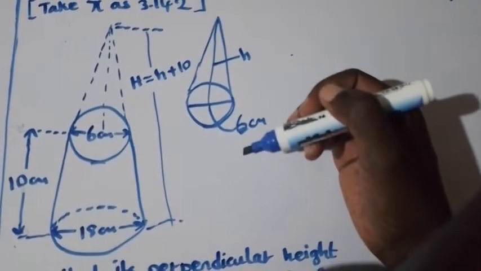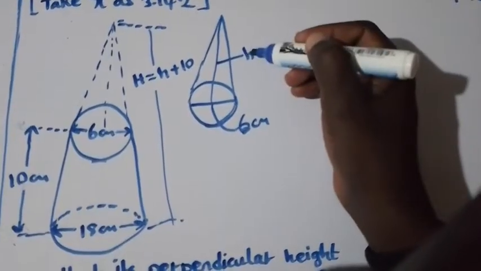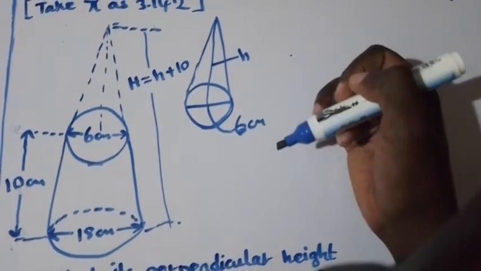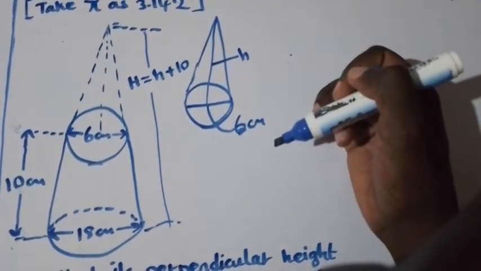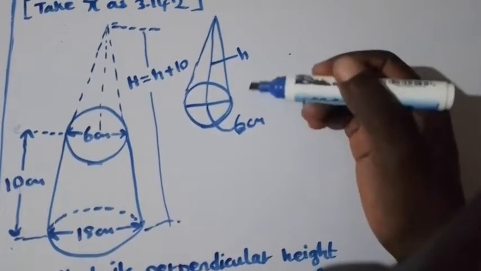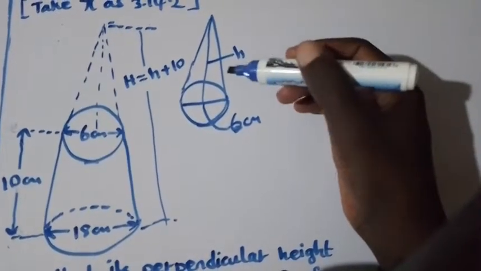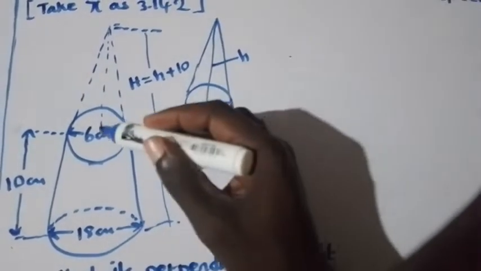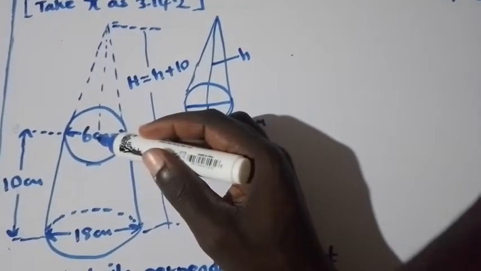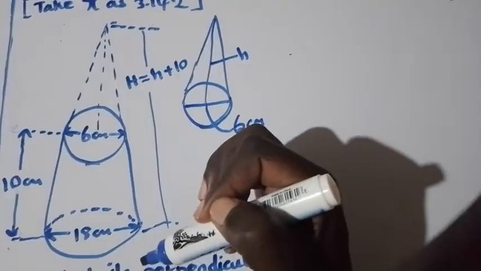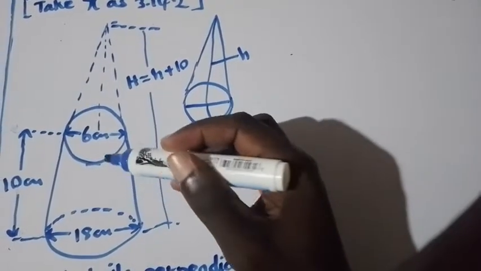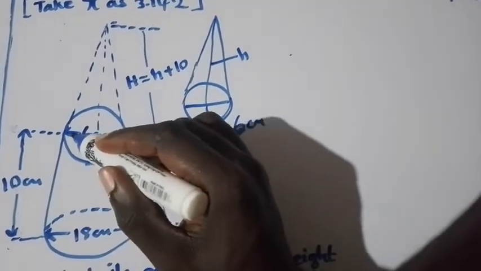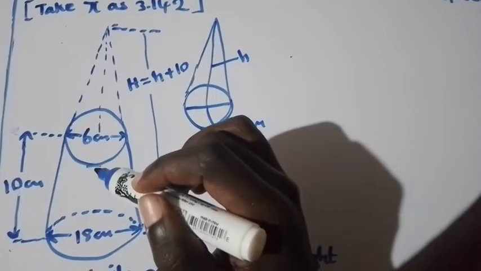Now at this stage, we have to calculate the height of the smaller cone by applying ratios. So we have small letter h, which should correspond to capital letter H, and the diameter, which should also correspond to the diameter. Or if you want, you can divide the diameter by 2 so that you have the radius.